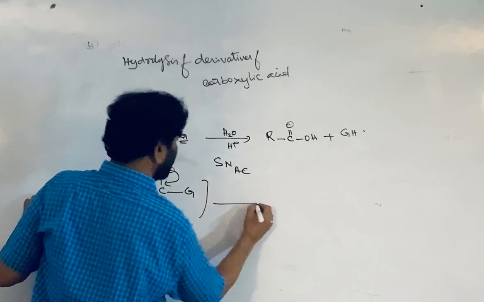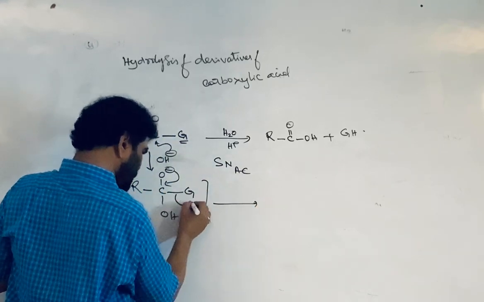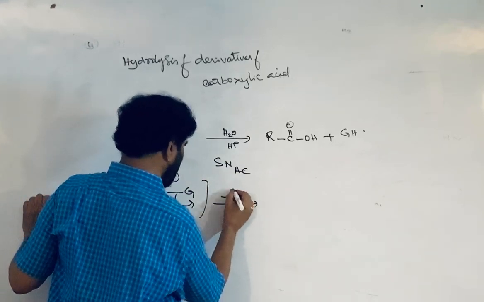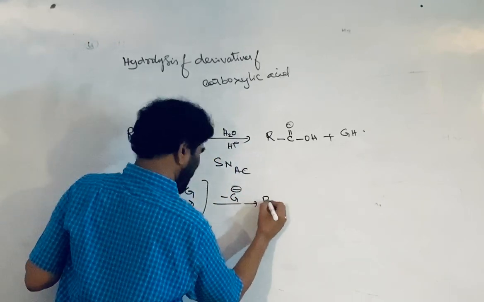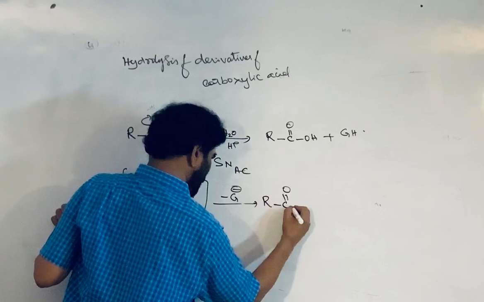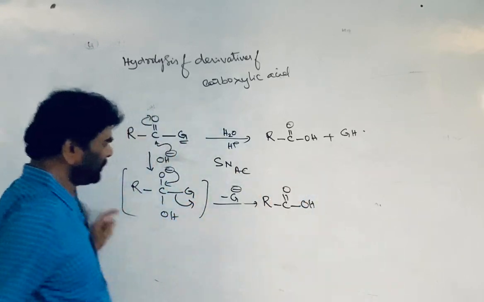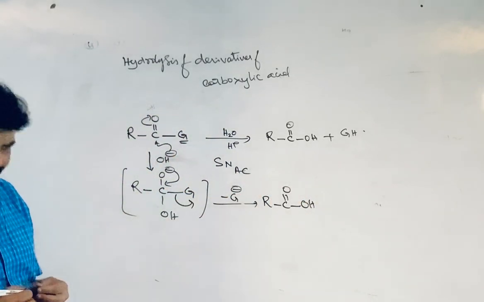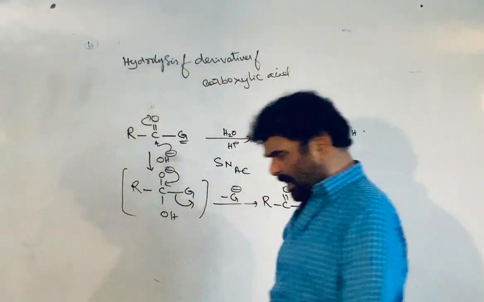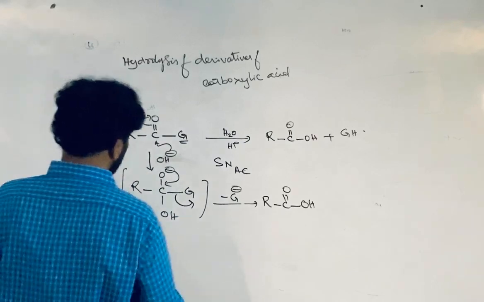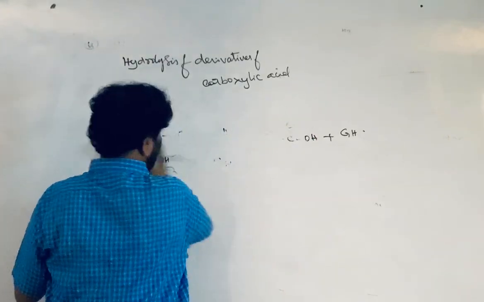See, we discussed the mechanism. Now G is lost, that is minus G minus, going along with the bond pair of electrons, giving C double bond O OH. Carboxylic acid is formed. So all the derivatives of carboxylic acids on hydrolysis produce carboxylic acids.